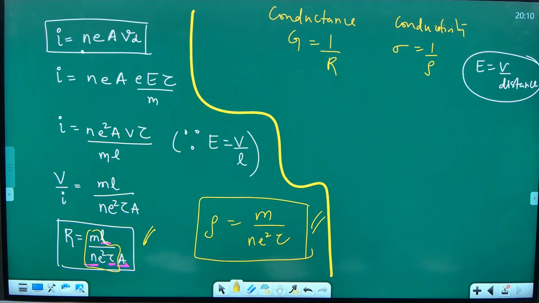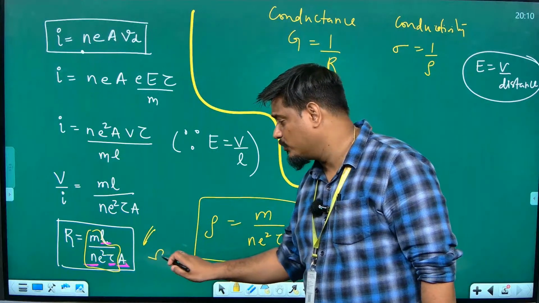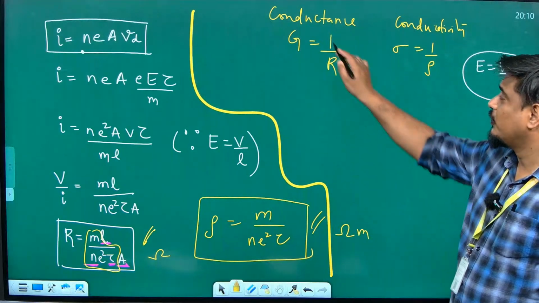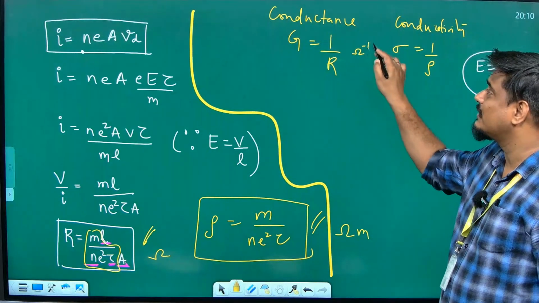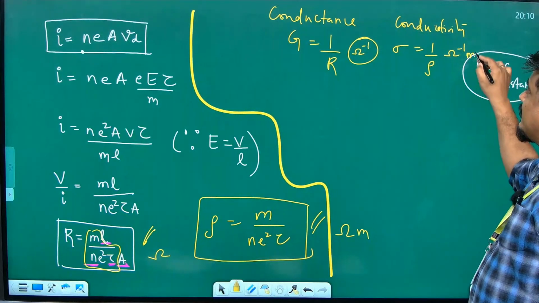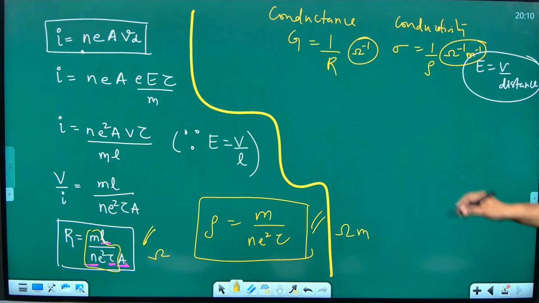Sigma is 1 by rho. So what will be its unit? Resistance unit is ohms. Resistivity unit is ohm meter. So it will become ohm inverse, and this will become ohm inverse meter inverse. What is ohm inverse known as? Siemens.